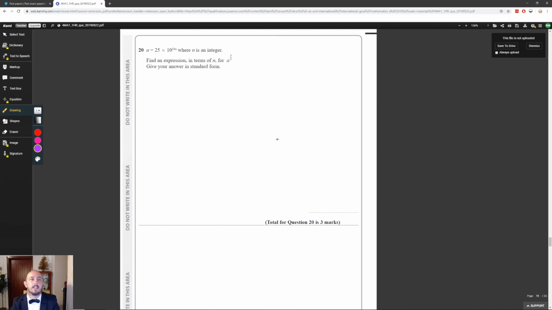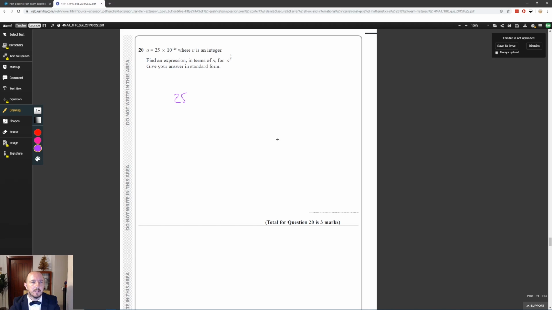Question 20. We have an expression for A, which is in standard form, and remember, standard form should really be like 2.5 and then we raise the power by 1 here. But it wants an expression for A to the power of 3 over 2.